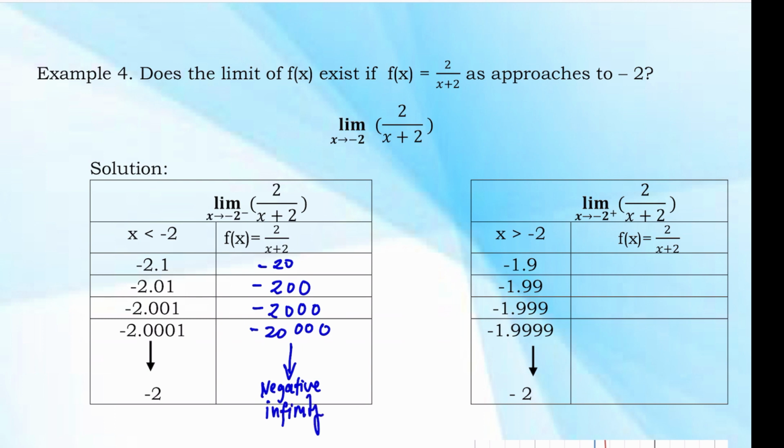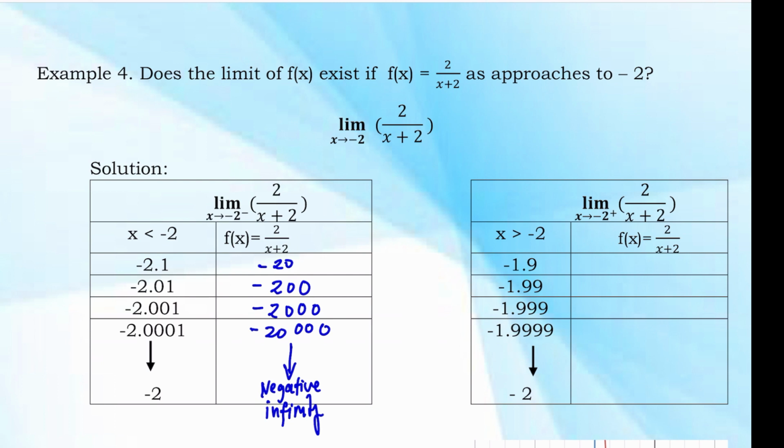Okay, let's try on the right side of negative 2. So we're going to use numbers closer to negative 2 on the right side. What are the numbers closer to negative 2 on the right side? We have negative 1.9, negative 1.99, negative 1.999, and negative 1.9999.